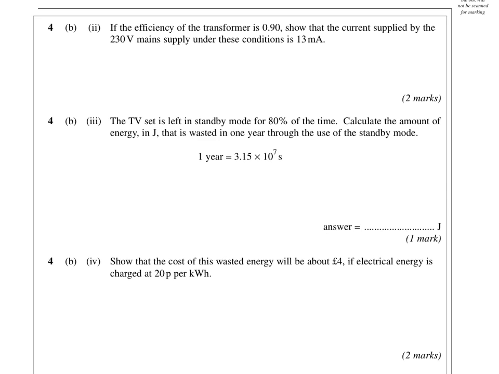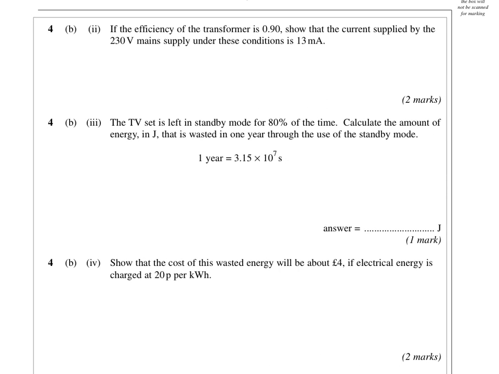If the efficiency of the transformer is 0.9, show that the current supplied by the 230 volt main supply in these conditions is 13 milliamps. So we know that 0.9 V1 I1 is going to be equal to V2 I2, which means that I1 is going to be V2 I2 over 0.9 V1.